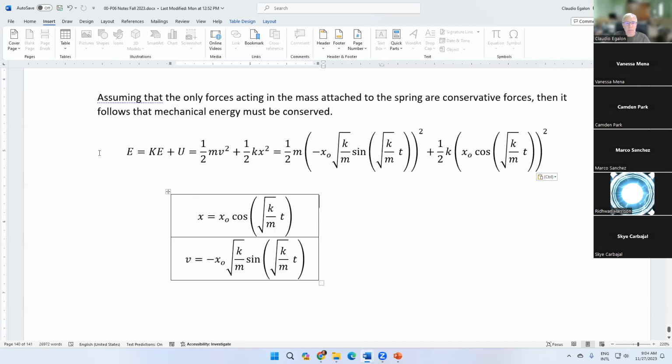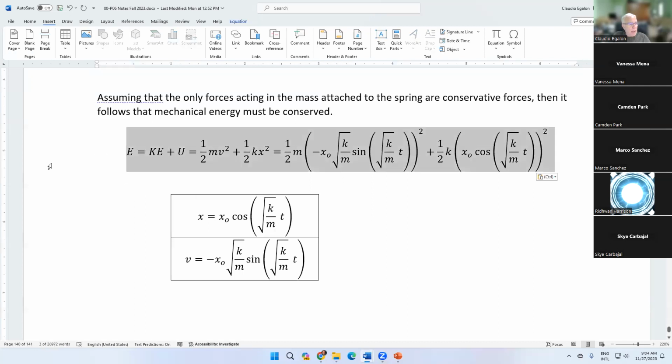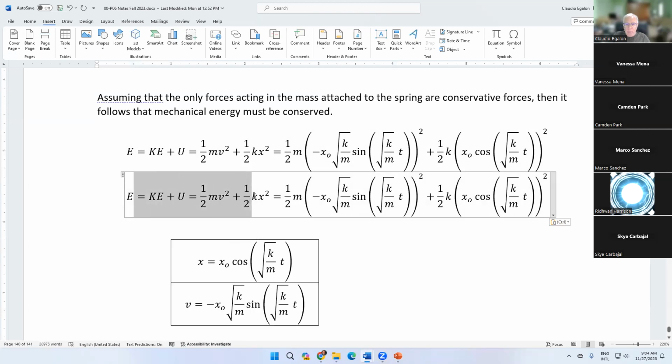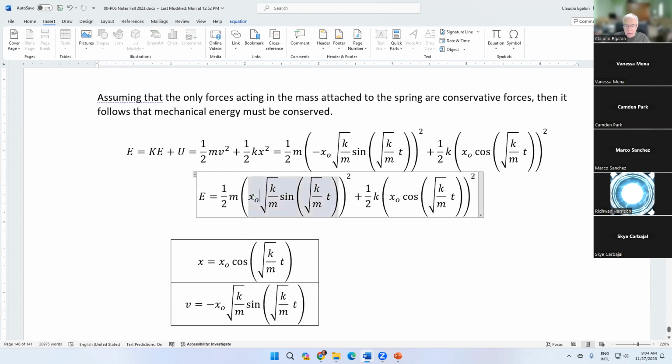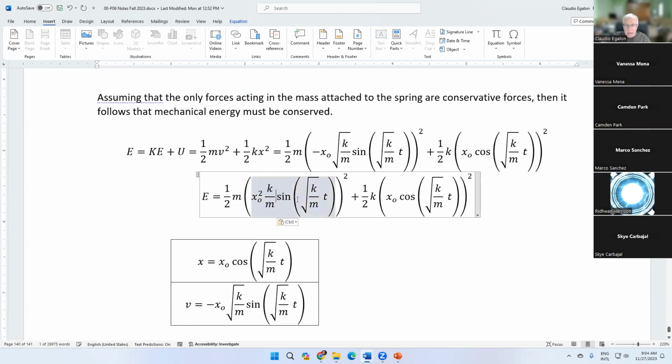Okay, and we can go ahead and expand that to get x squared k over m sine square.